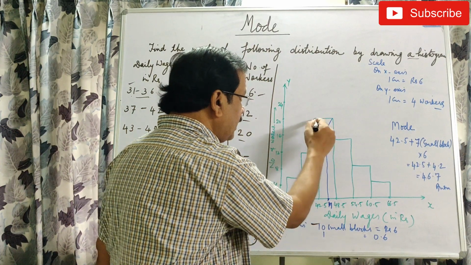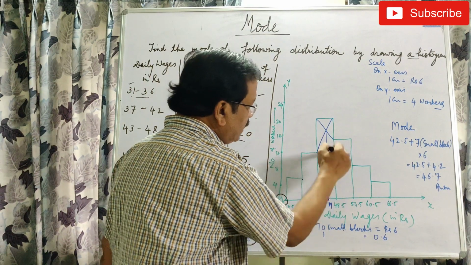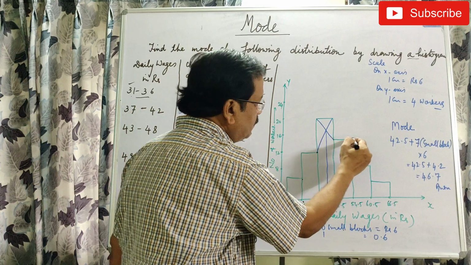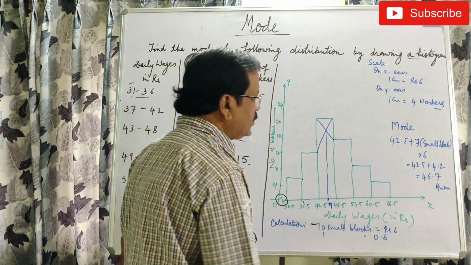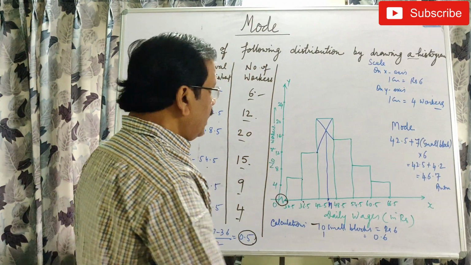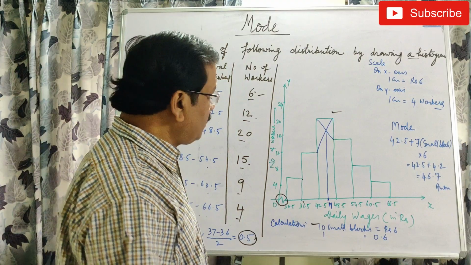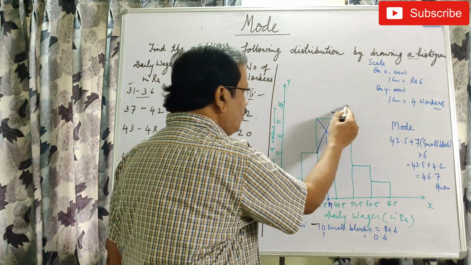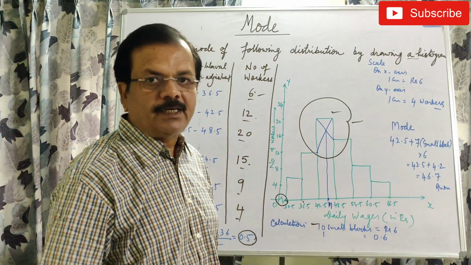Then for 20, again from here like this. Then for 15, it will start from here, just joining 15 to this, and likewise the rest of the blocks. You can see that this block is of largest length, and that is why this is the modal class, and we draw these 3 lines. This is very important.